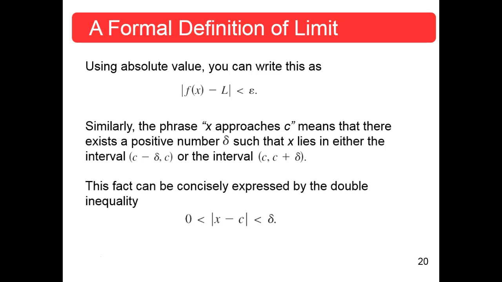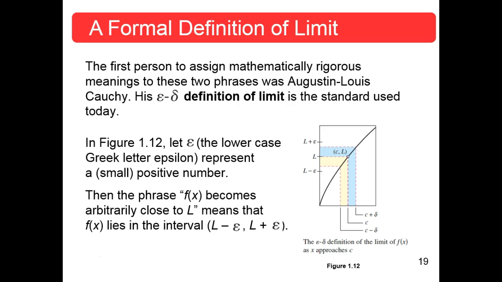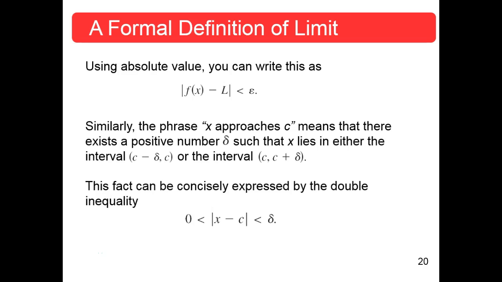Using the absolute value, you can rewrite, I'm sorry, let's go back to this. Epsilon, the L is something in between L minus epsilon and L plus epsilon. So you can use absolute value and say f of x minus L is less than epsilon.